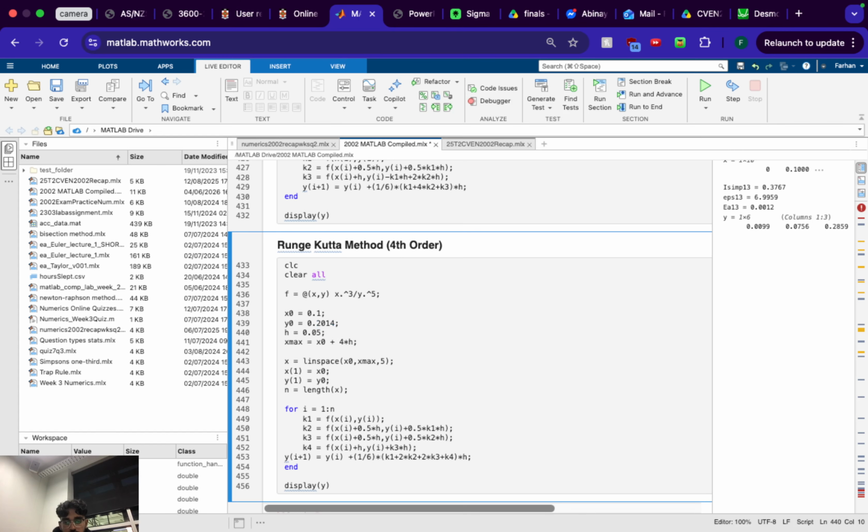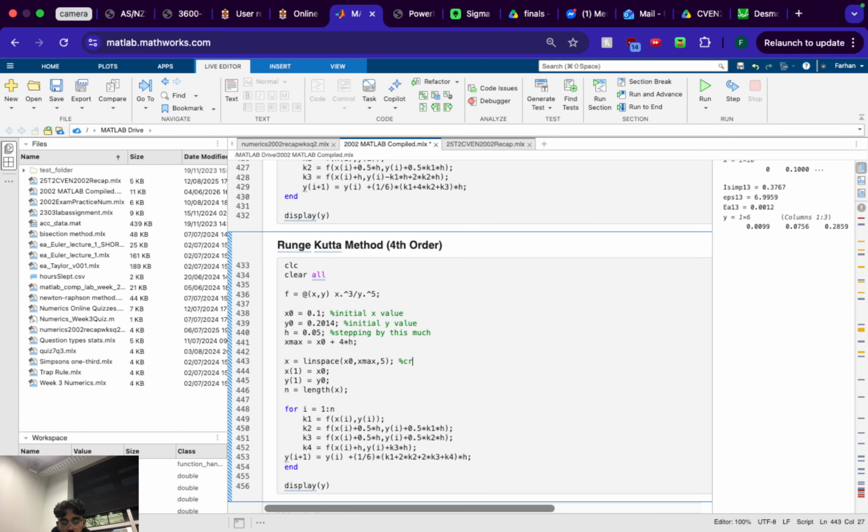So this is my step, this is my initial x value, and this is my initial y value.